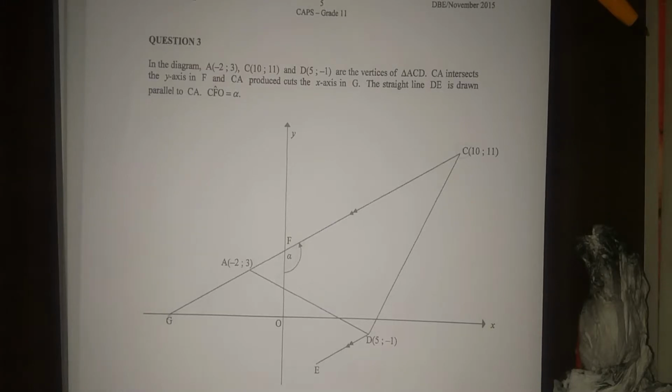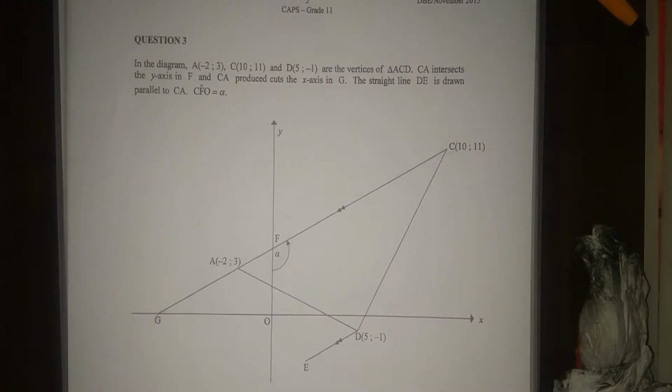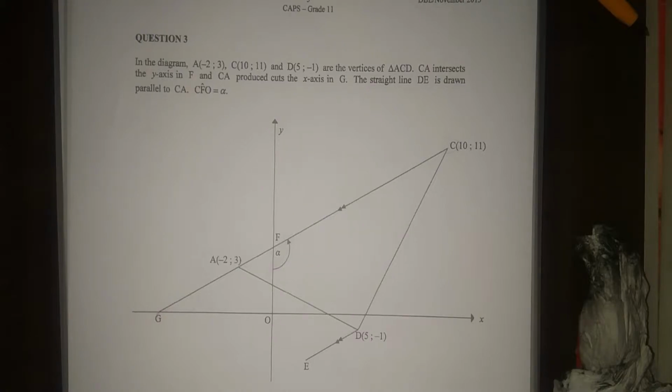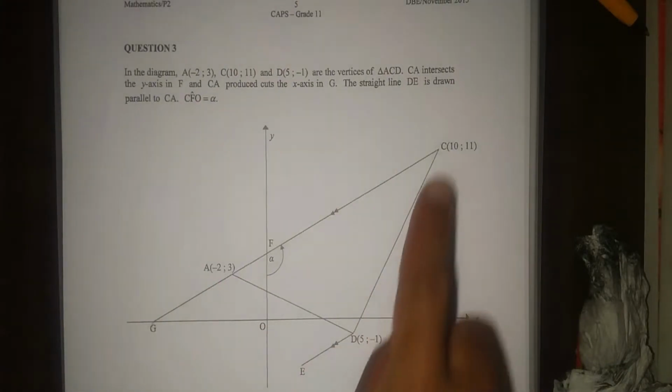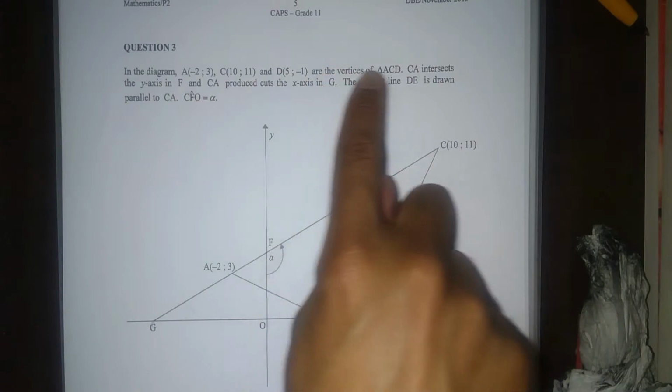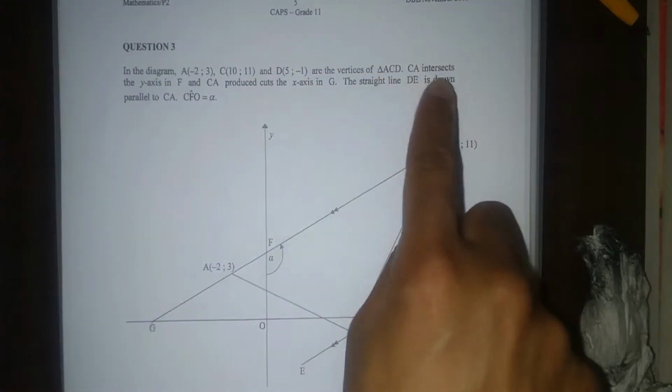Okay, question 3, grade 11 mathematics paper 2. So this is analytical geometry. Let's read the statement. In the diagram, A, C, and D are the vertices of triangle ACD.